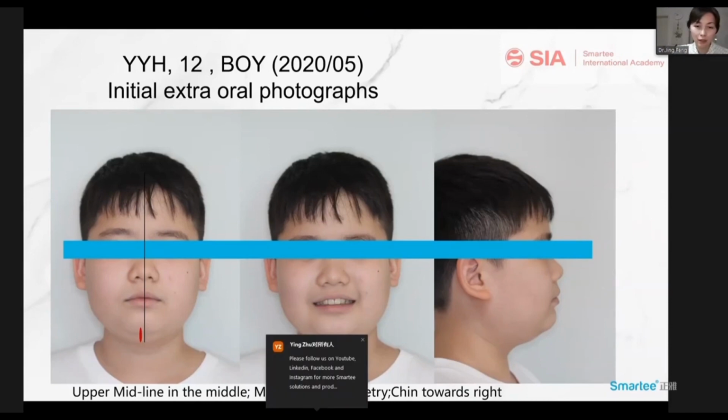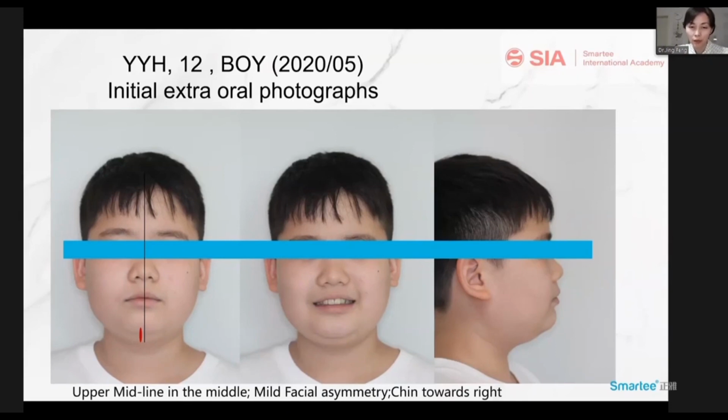And the upper midline is on, and the lower midline shifts to the right side as well, and the chin is toward the right. From the lateral view, the lower jaw position is placed backwards.